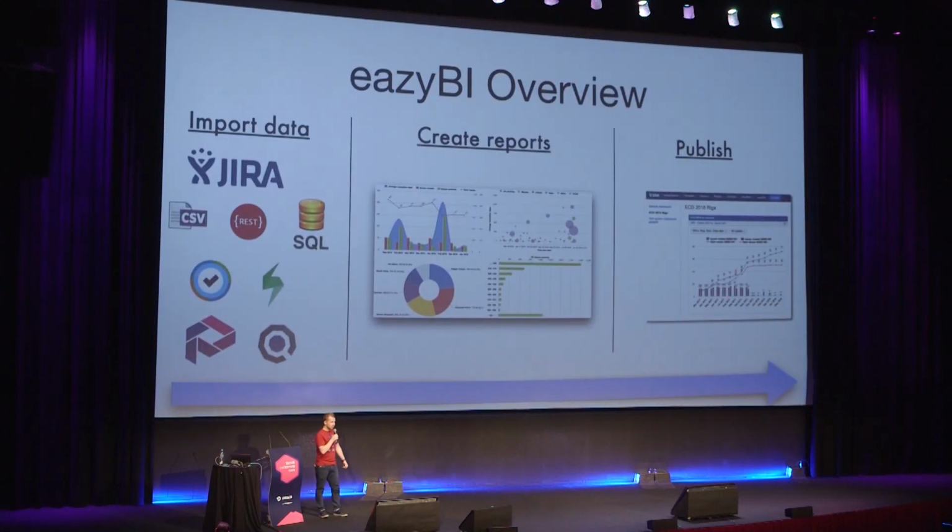To make it simple, in one slide, this is all about eazyBI. First you import the data from different sources. Then you create visibility: you create charts, reports and custom charts, and later you publish them for your Jira users and share them with your users. Ever since I was a kid, I enjoyed playing with toys and tools.